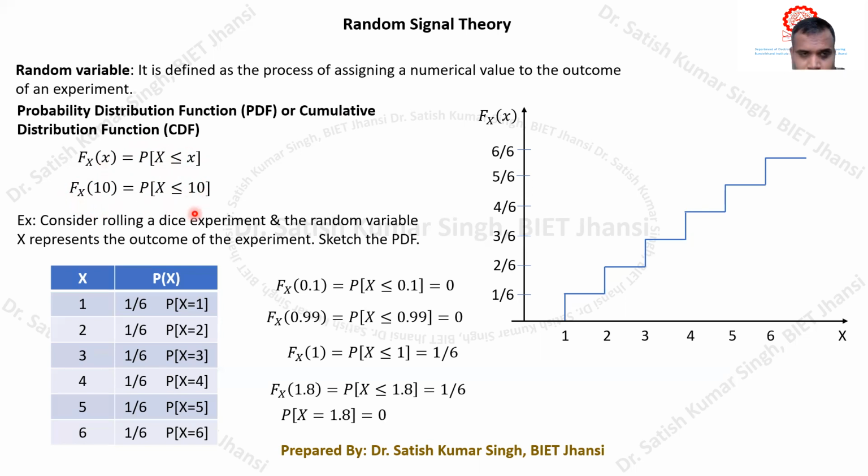Now we can elaborate it with the help of an example. Let us suppose we consider the rolling a dice experiment, and the random variable X represents the outcome of the experiment.